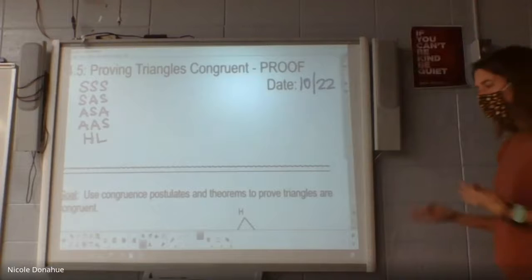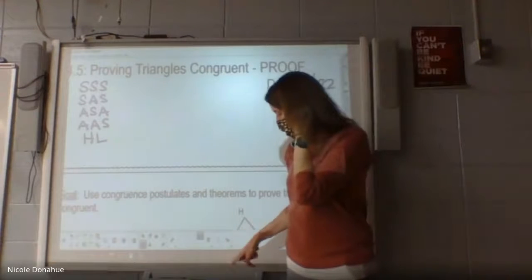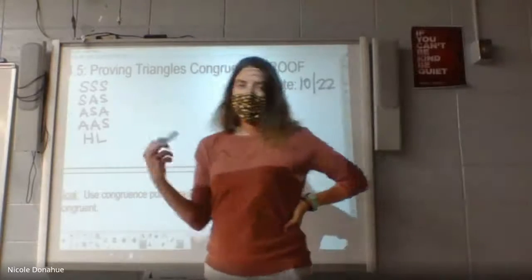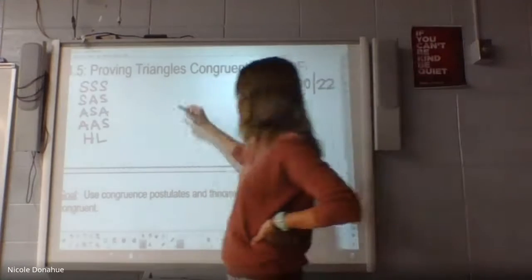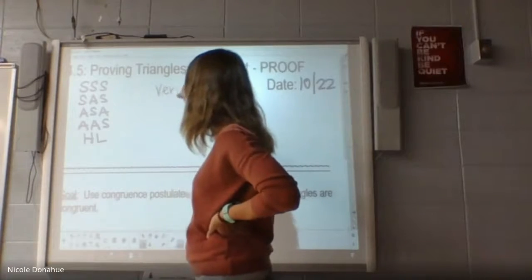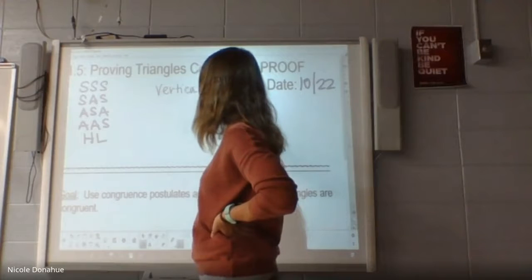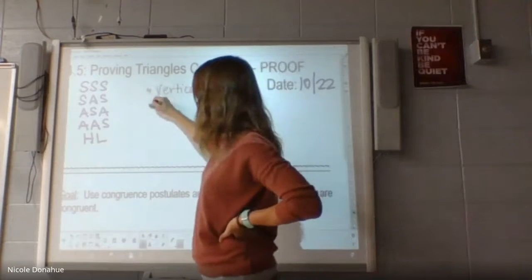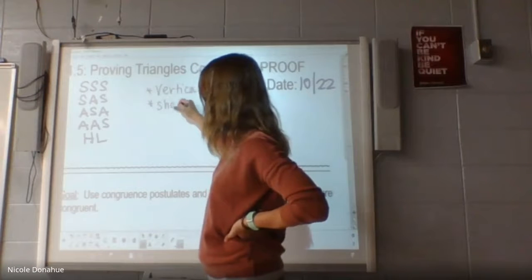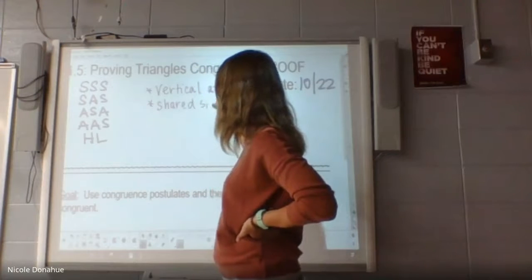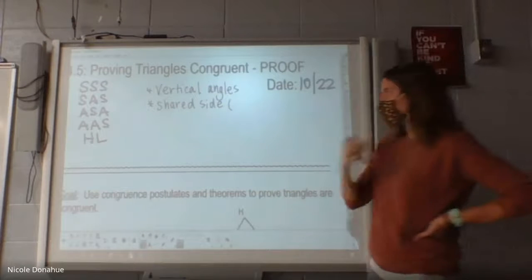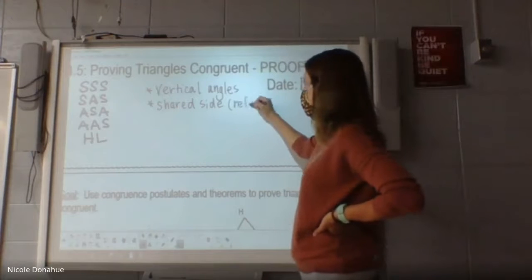Again, a reminder of some of the ways we can figure this out, which we've written down a few times already. Remember that we might have a step that includes vertical angles, or a step that talks about a shared side. Now, a shared side is the reflexive property, when something equals itself.